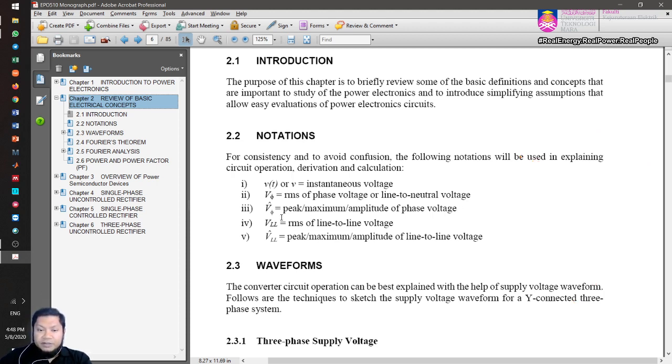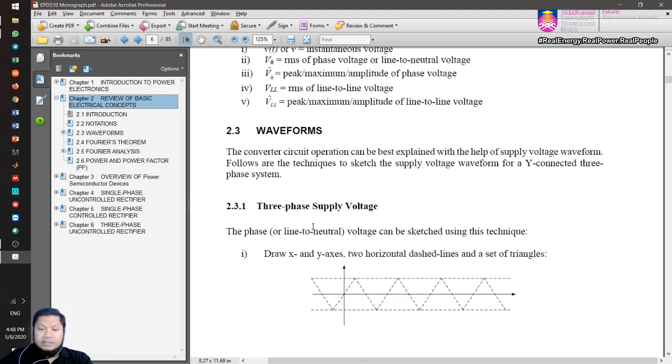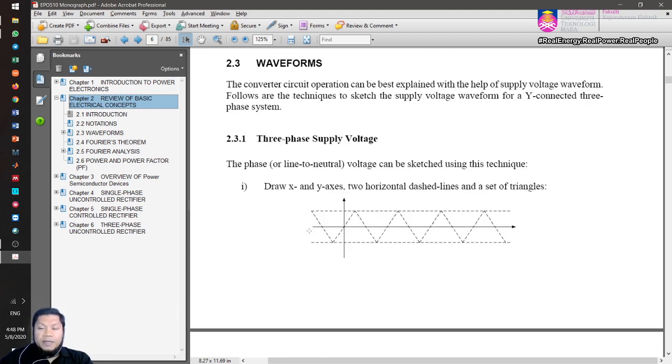So that's very much about the notations, and then we also need to know how to draw. Because you're going to sketch a lot of waveforms, we need a technique to draw the three-phase waveform.